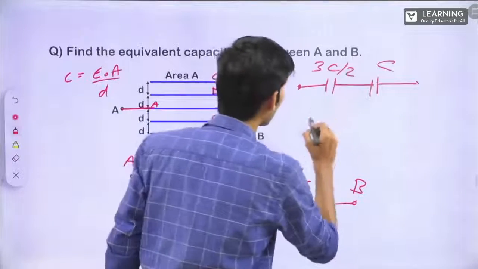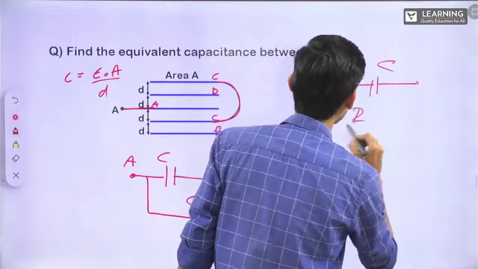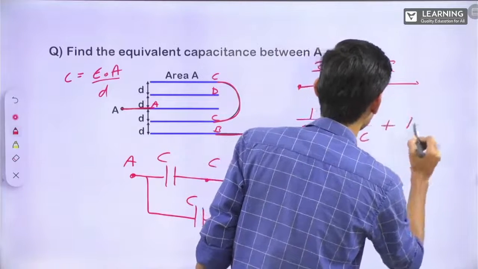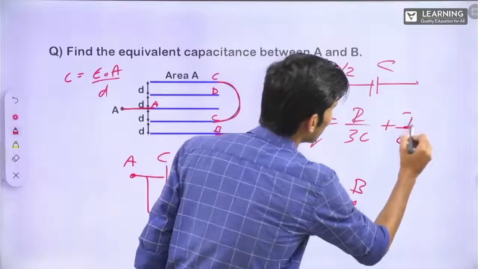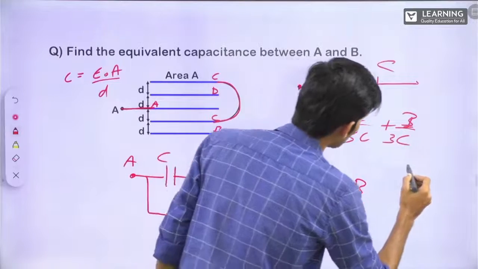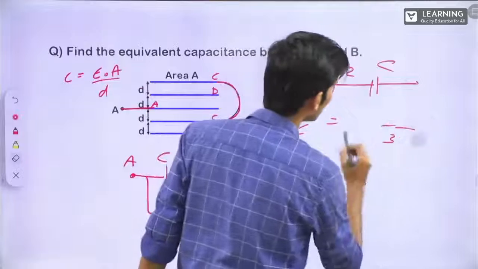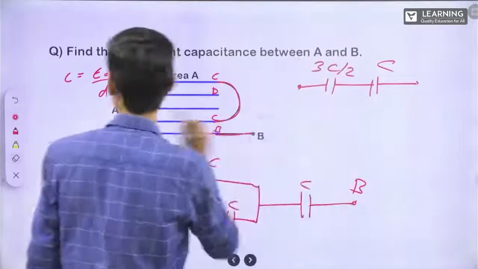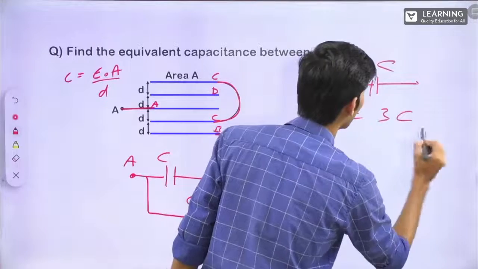So 1 upon C equivalent is equal to 2 by 3C plus 1 by C. This will be 3 by 3C plus 2 by 3C, 5 by 3C, so C equivalent will be 3C by 5.